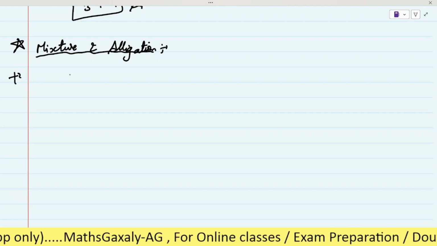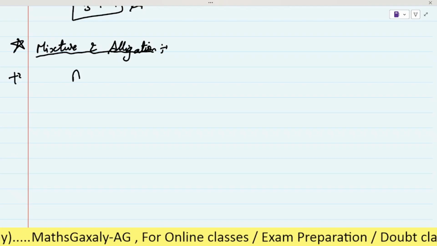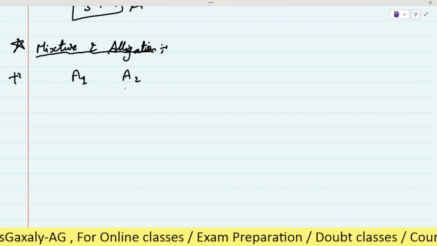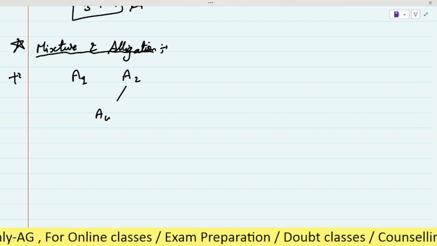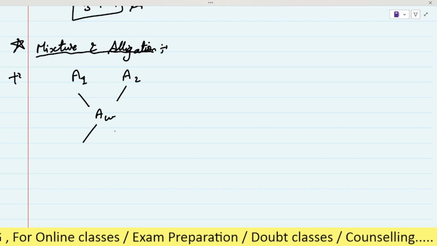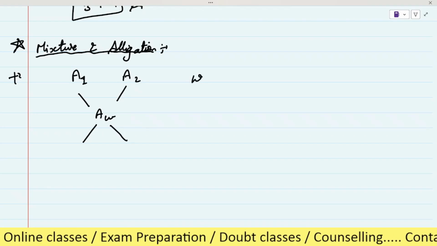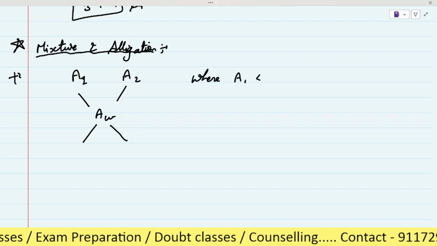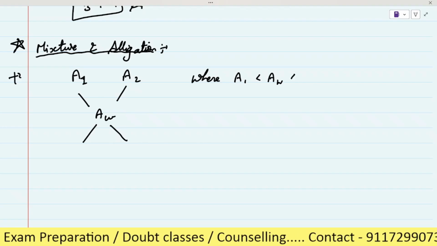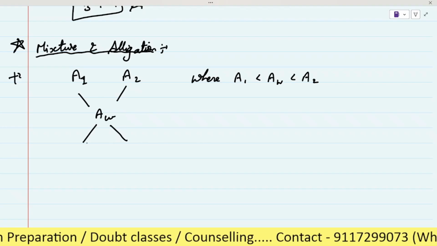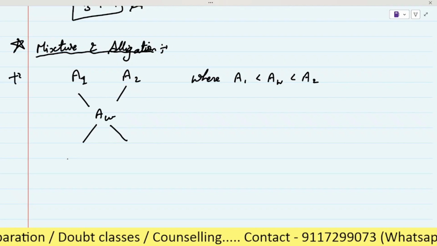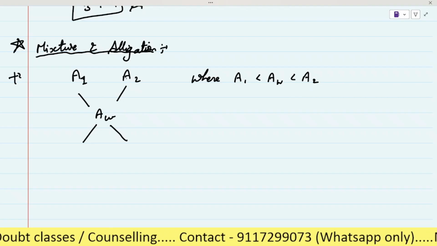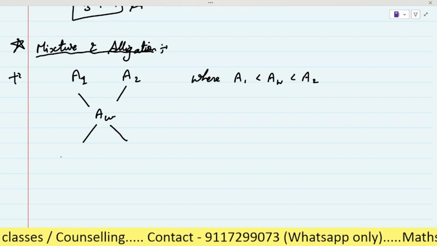Suppose we have two quantities A1 and A2, and we are mixing them to get AW. Here, A1 is less than AW, and AW is less than A2. The ratio which you get after mixing, you have to find by A2 minus AW.